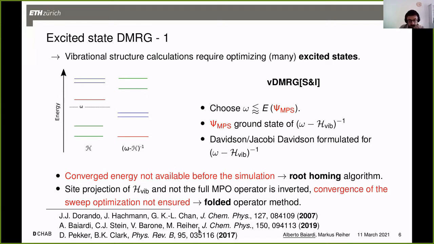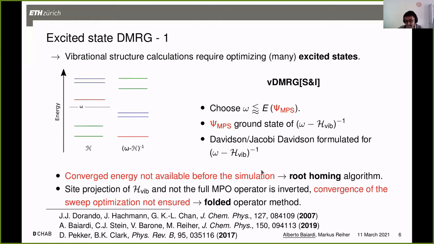This was already employed in DMRG, and I just put here two examples. It's very efficient to optimize low-lying excited states, but going high in energy, this becomes less and less efficient, mainly for two reasons. First, it's difficult to choose the shift to target the state I'm interested in.